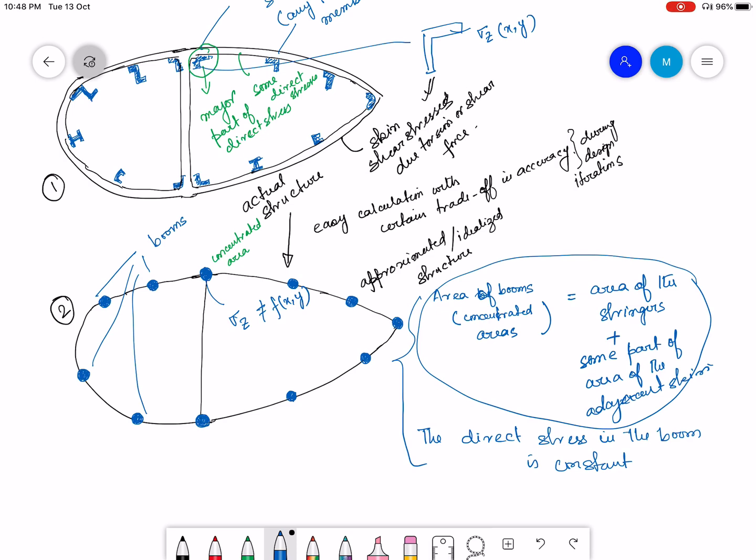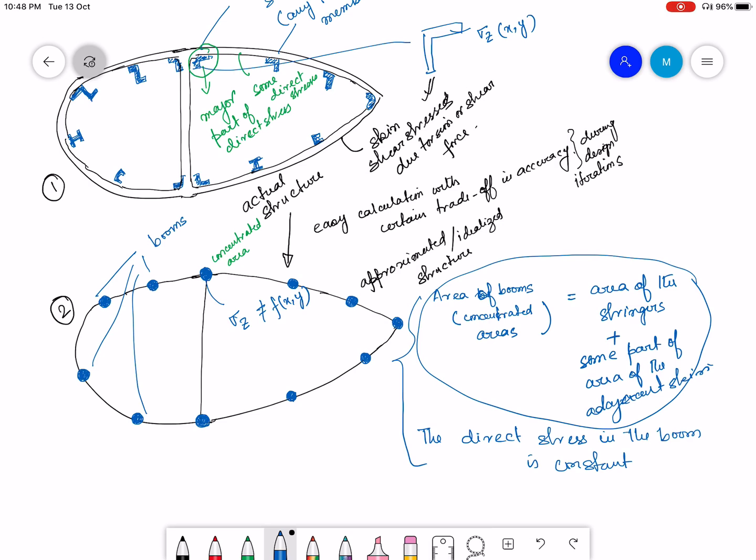Therefore, we get rid of the area of the skin in the idealized structure. So this skin is going to take only shear stresses and no normal stress. So in the idealized cross section, the skin has zero thickness and it is going to take only shear stress and no direct stresses.